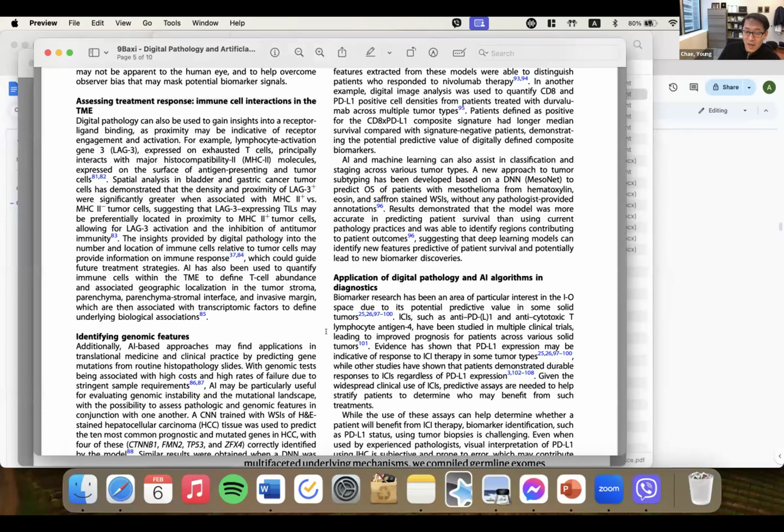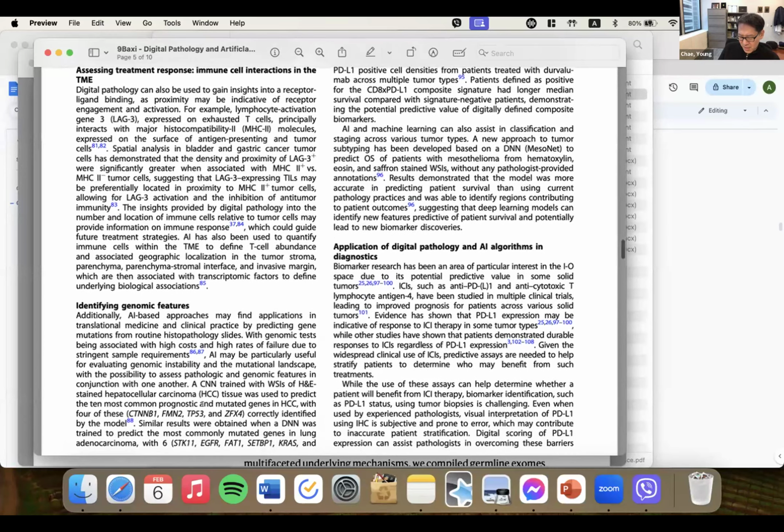But anyway, you can put identifying genomic features, because some are predicting PDL1, and genomic features could be TMB. Some programs are trying to predict TMB, tumor mutational burden. But PDL1 is an immune marker, or some programs are predicting whether it has high immune infiltration.